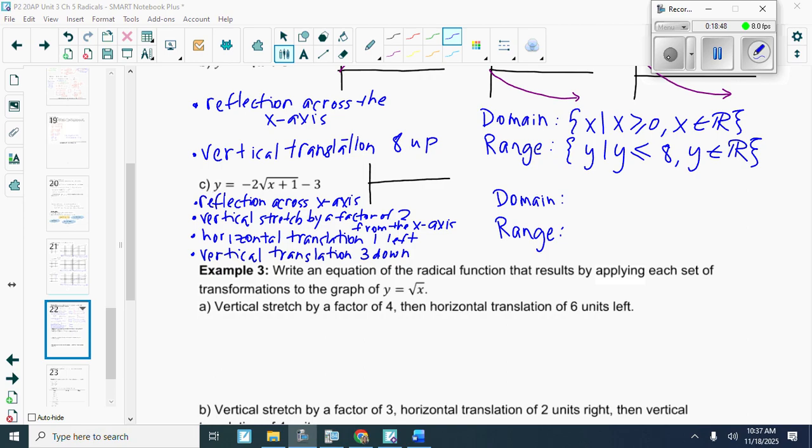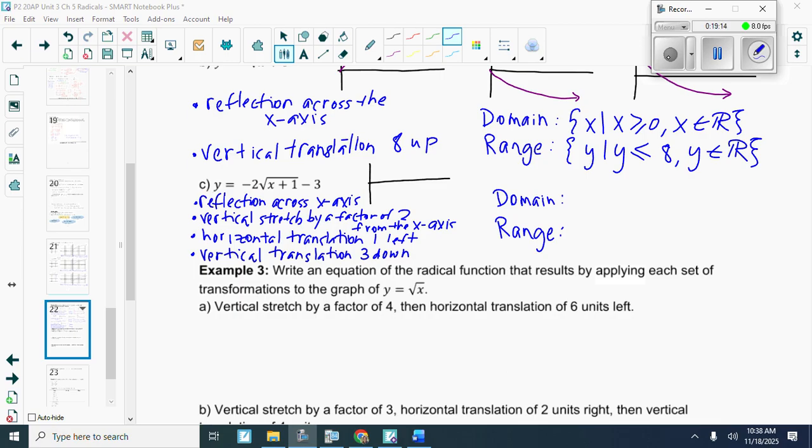The negative has been taken care of. So when you have a vertical stretch, make sure it's just the absolute value of whatever that was. So it's a vertical stretch by a factor of 2, not by negative 2. The negative is the reflection piece. So now the stretch factor is just the 2. We had a horizontal translation left 1 unit, and a vertical translation of 3 units down.